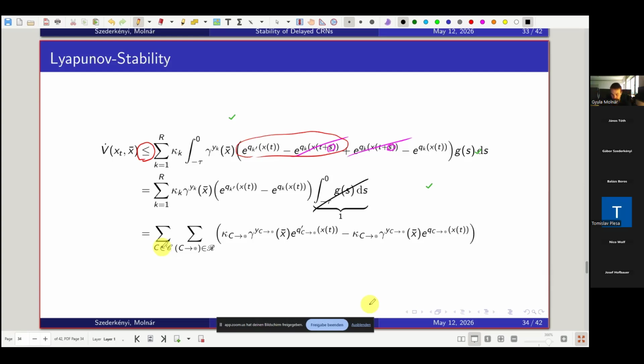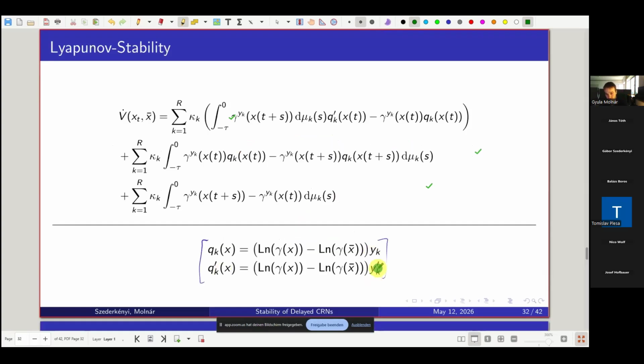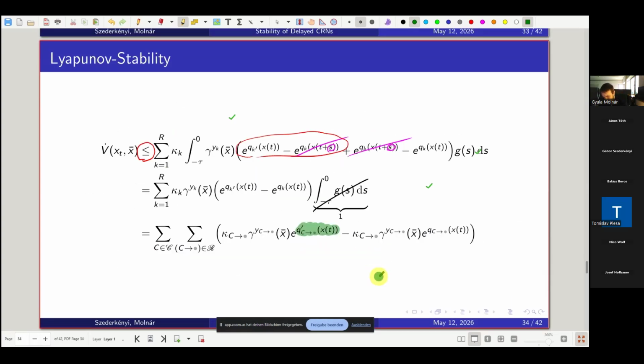We're still counting the same things, just from a different viewpoint. So here we have a switch in notation or viewpoint. And one important thing that will be used on the next slide: here we have Q prime, and Q prime had Y prime in it. Y prime is the target stoichiometric vector.